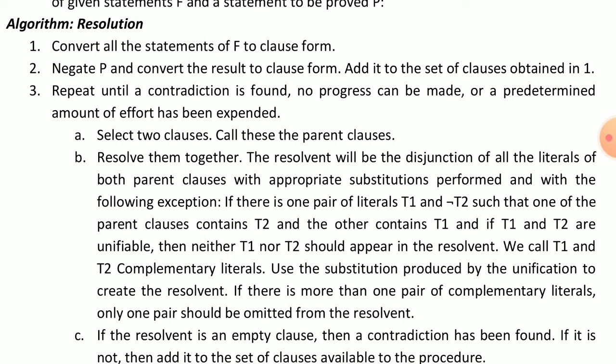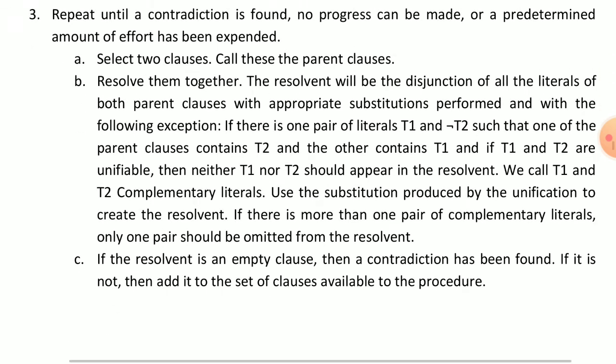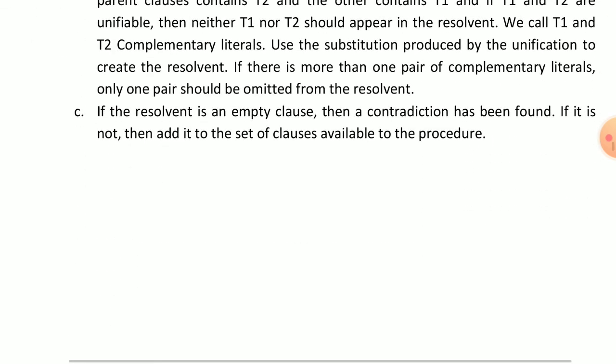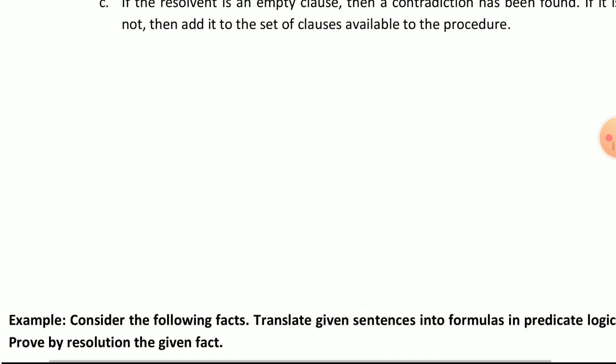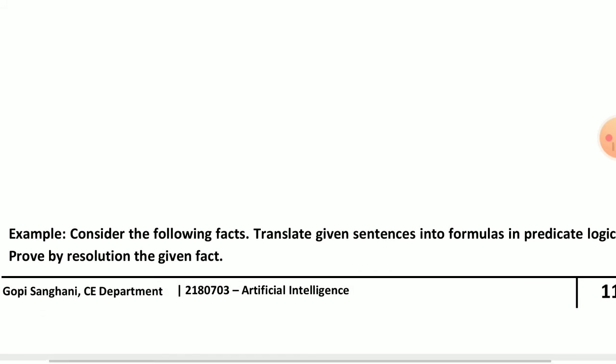So we can follow all these steps and take one example. In this example, we consider the basic facts and convert the sentences into formulas and we can prove resolution by using the given facts.